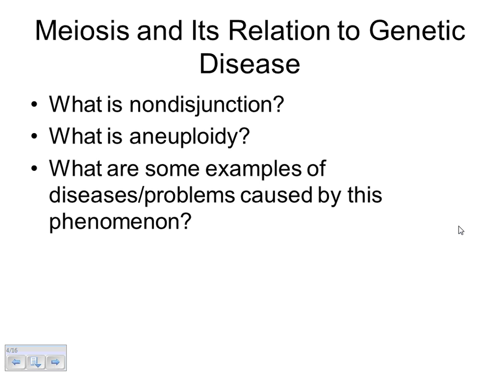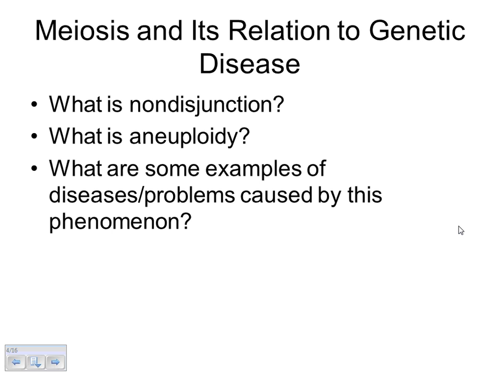What doesn't unjoin correctly? The chromosomes, okay? So that some cells end up with extra chromosomes, and some cells end up with missing chromosomes. That's nondisjunction. When the chromosomes don't separate correctly during meiosis.